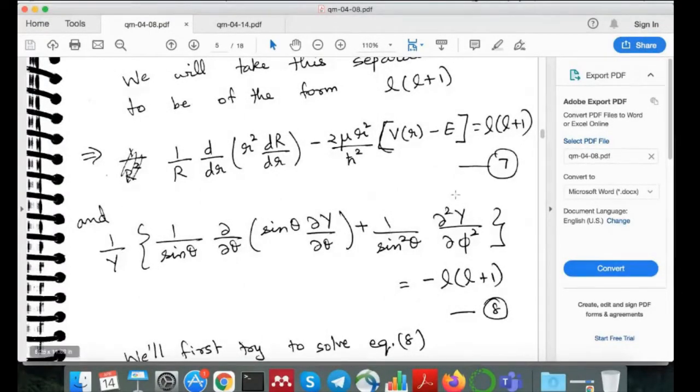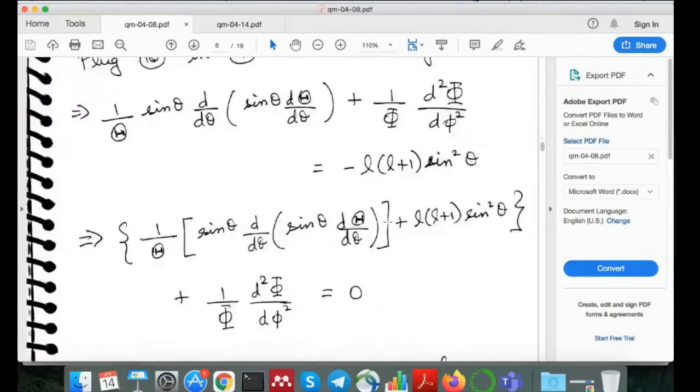And even for the second equation, we again assumed a separation of variables, and then we got two equations, one in terms of theta and one in terms of phi. So essentially, we were able to break down the wave function and the Schrodinger equation into three different equations, and then we were able to solve it.